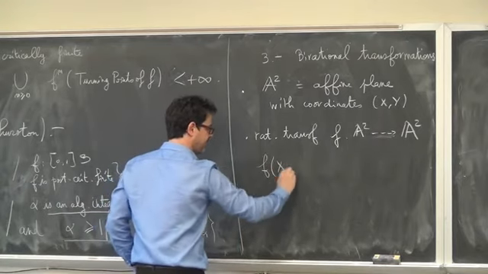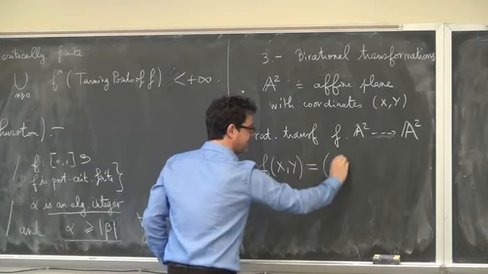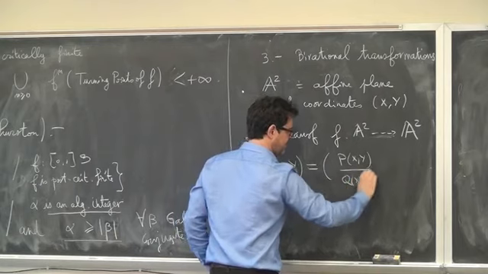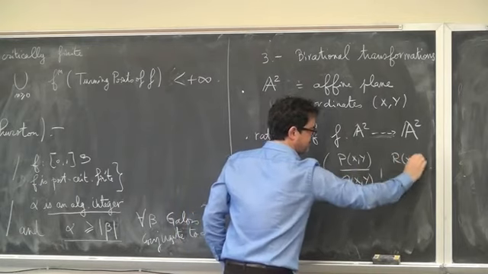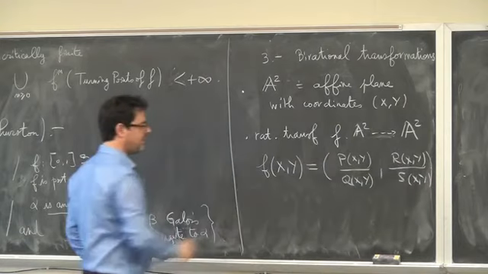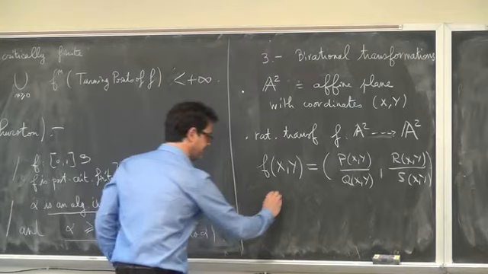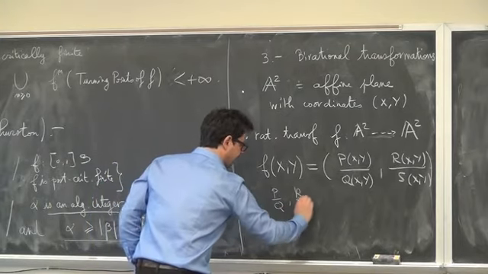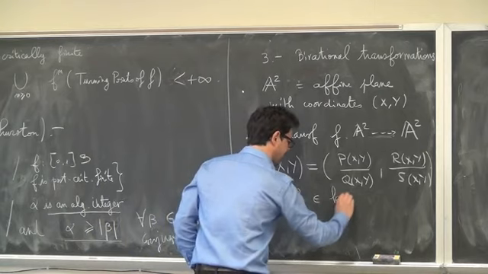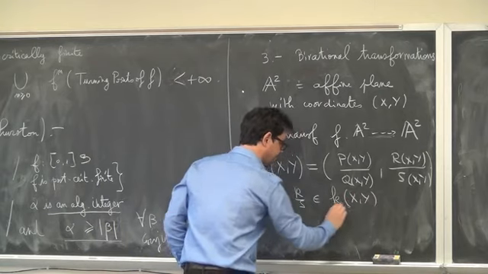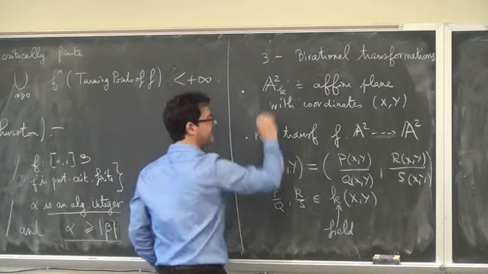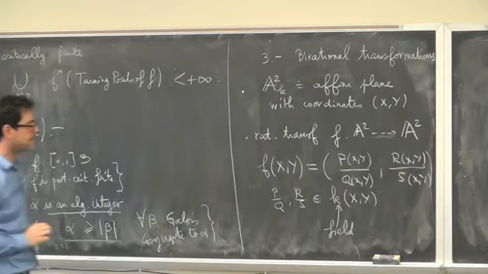So f of (x,y) is (P/Q, R/S), where P, Q, R, S are polynomials in two variables, so P/Q and R/S are rational fractions in k(x,y). Here it's the affine plane over the field k.